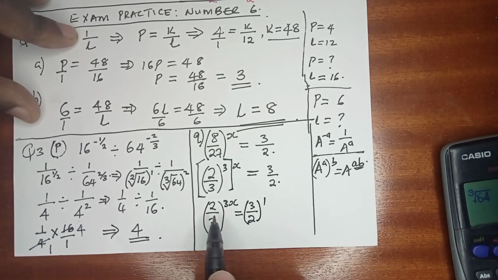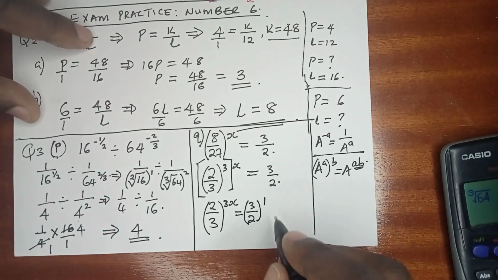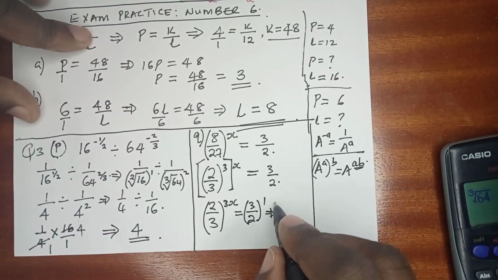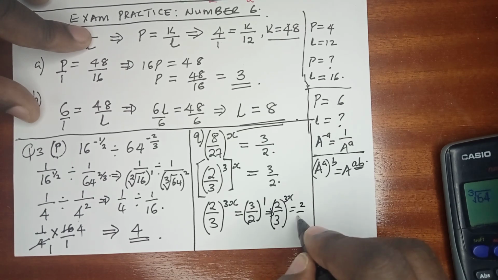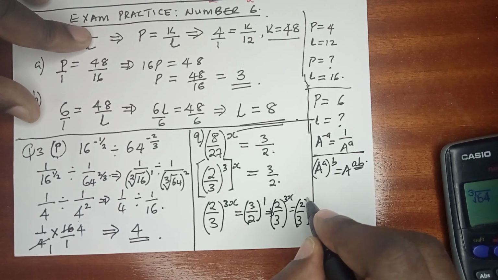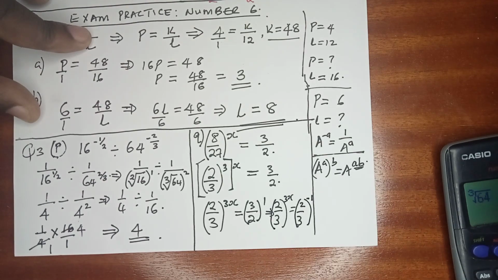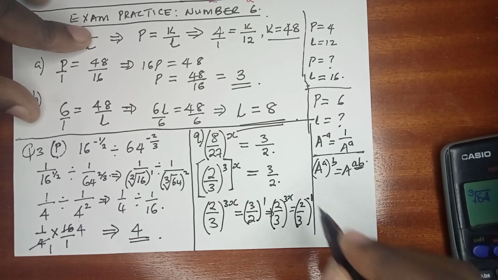But because you can see 2 here is at the numerator and here it's at the denominator, we have to flip the right-hand side to have 2 over 3 raised to power 3x is equal to 2 over 3 raised to power negative 1. The index there has to be negative 1.